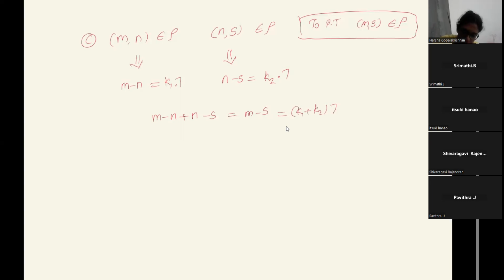So m minus s is some k3 times 7. That implies (m, s) belongs to the relation rho. Clear for everyone? Any doubt in any of these conditions? No, ma'am. Okay.